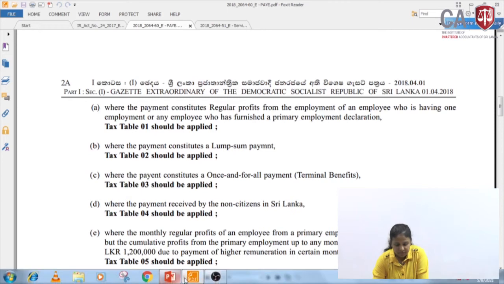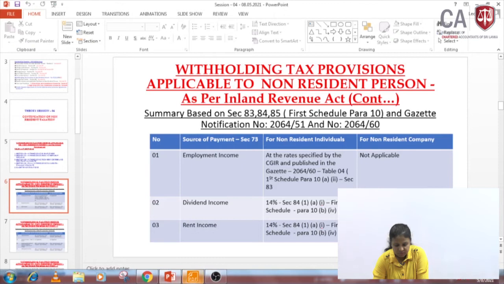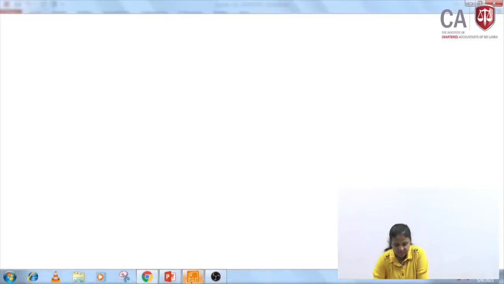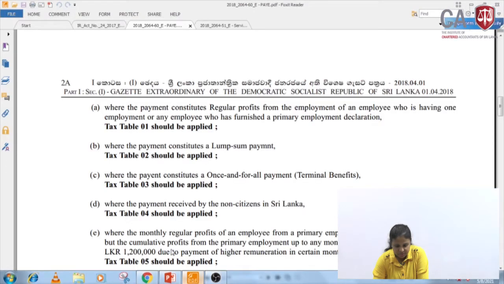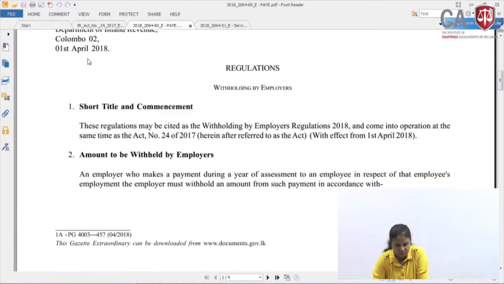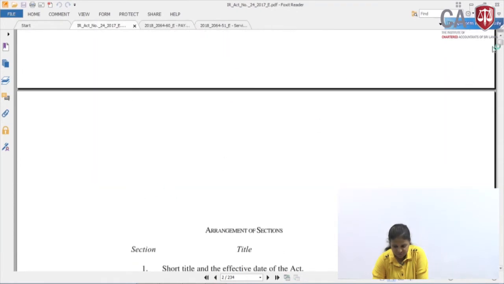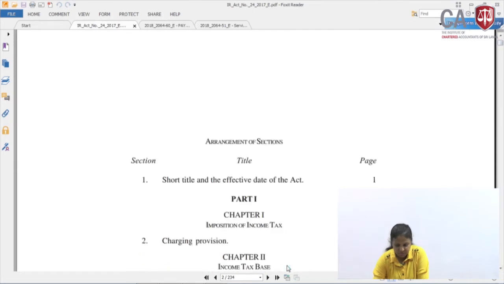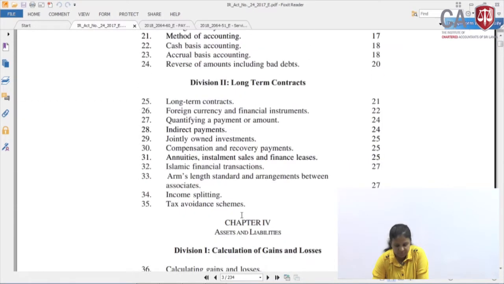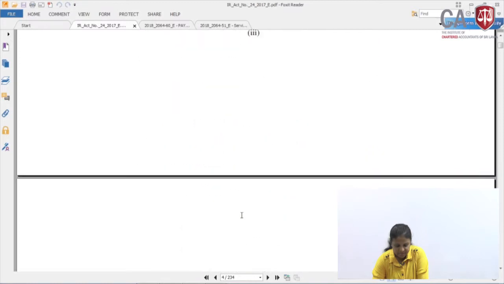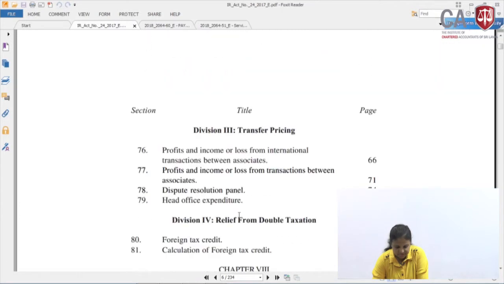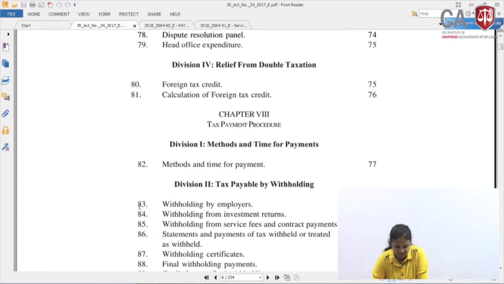Now if we go to the Inland Revenue Act, we will see how this withholding tax provision comes, because I really need to show these things to you. Since the exam is open book, you should know these things. Then under section 83, this is section 83, which is talking about withholding by employers.